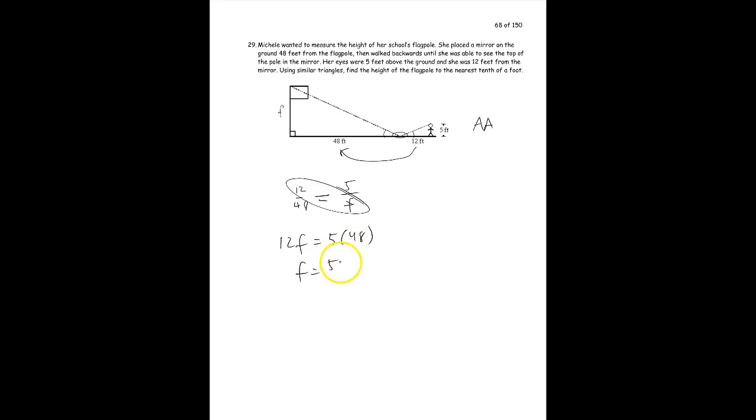F equals 5 times 48 all over 12. You can see that 48 divided by 12 is 4, so I'll turn that into 4. 5 times 4 equals 20. So this flagpole is 20 feet high.